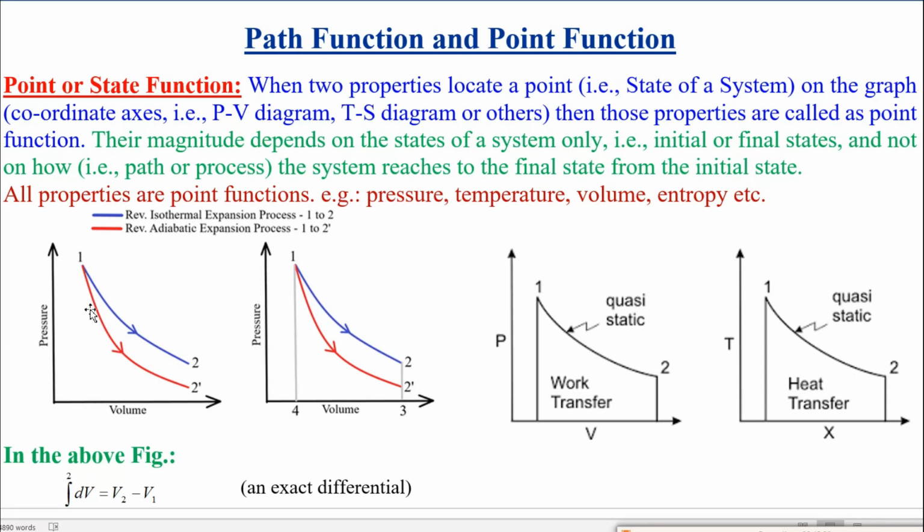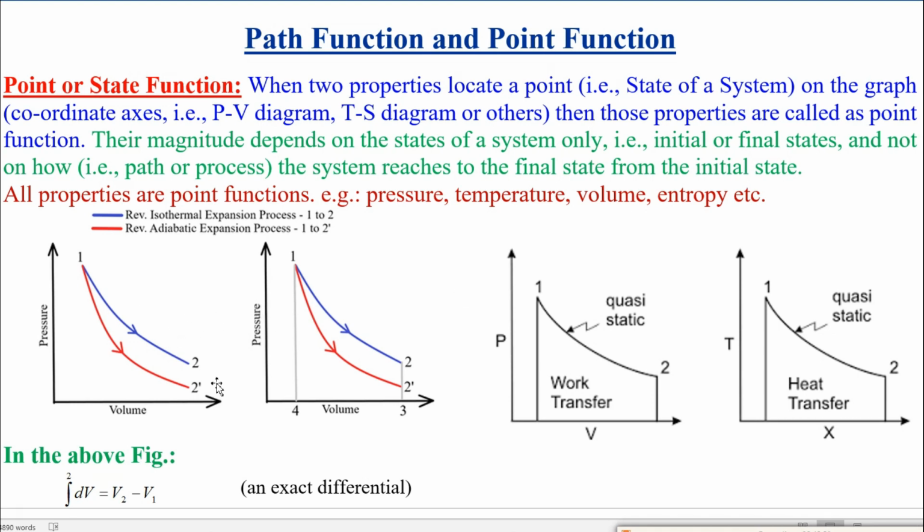The magnitude of the volume depends on point 1, that is V1, or on point 2, V2 and pressure P2. So the magnitude of pressure or volume depends upon the point, this point 1 or 2 or 2 dash, etc. So their magnitude depends on the states of a system, that is initial or final states, maybe 1 or 2, maybe 1 or 2 dash, and not on how the system reaches the final state from the initial state.